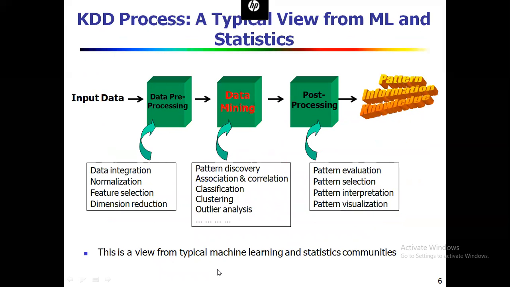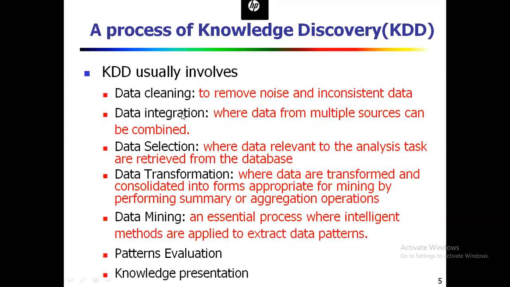So from a machine learning and statistical point of view, we have data pre-processing, which you have seen includes the first steps: data cleaning, data integration, data selection, and data transformation. All these steps are included in the pre-processing of data.